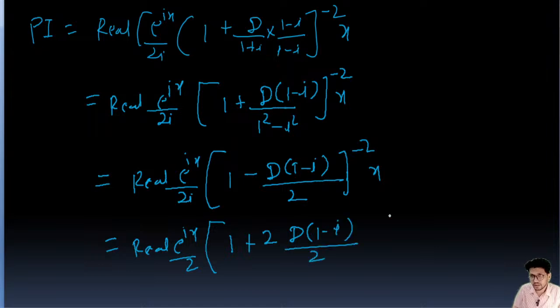So we'll take only the first two terms, not the other terms, because those are higher powers of d, and differentiation of x is going to be 0, so this is x.